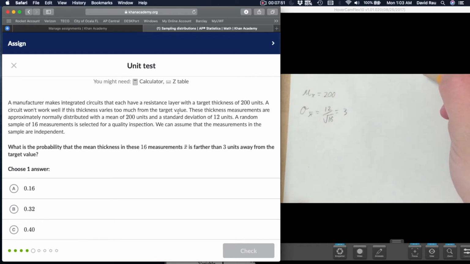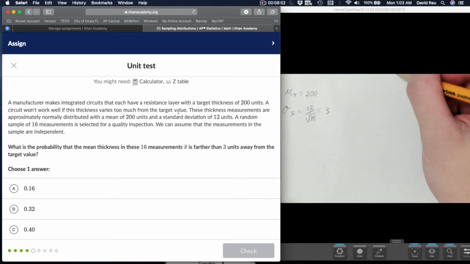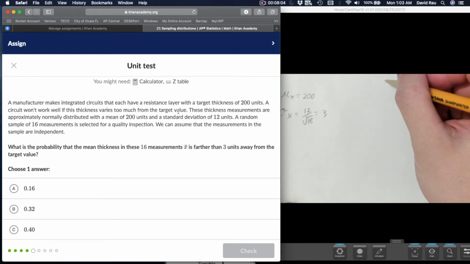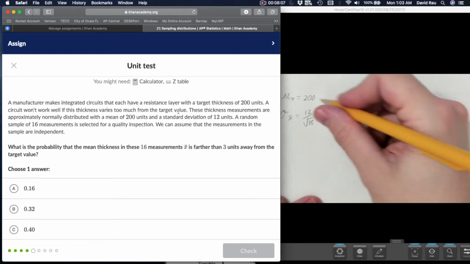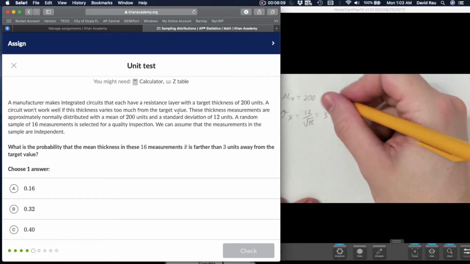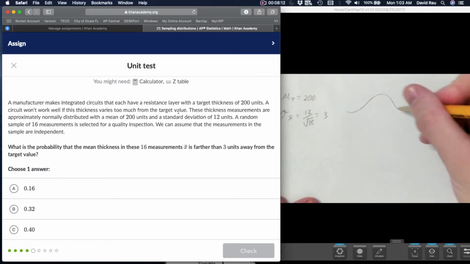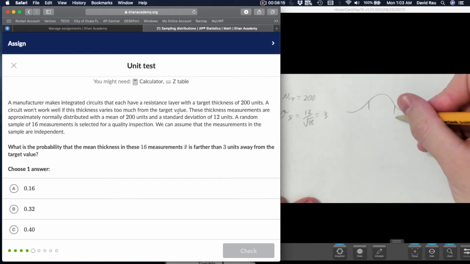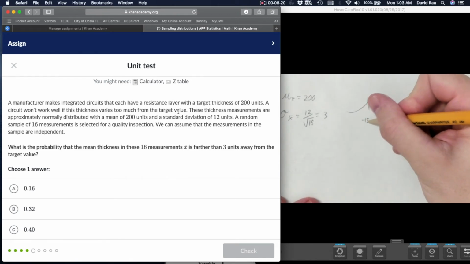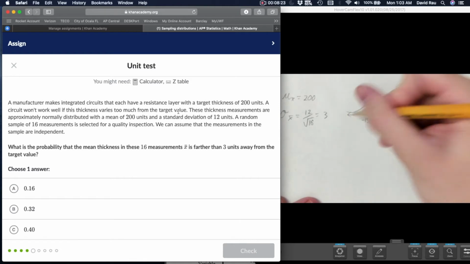And now they ask, what's the probability that the mean thickness is 3 farther away from the target value? Now this is technically, believe it or not, an empirical rule question. Because what this means is, what are the odds that you're 3 greater or 3 less? Well, that's the same as asking what are the odds that you are 1 standard deviation above or 1 standard deviation below the value?